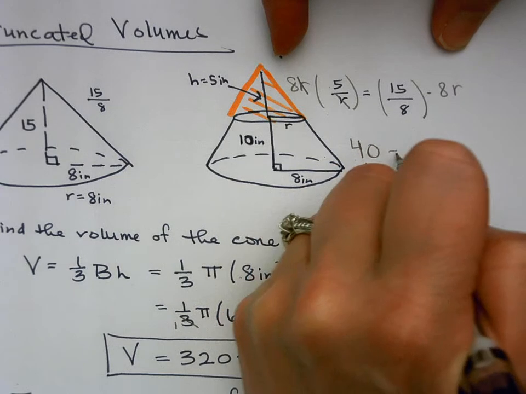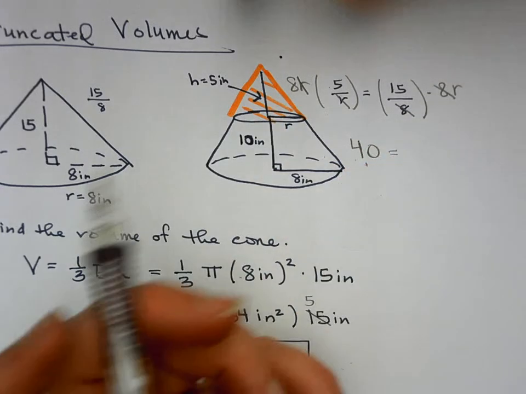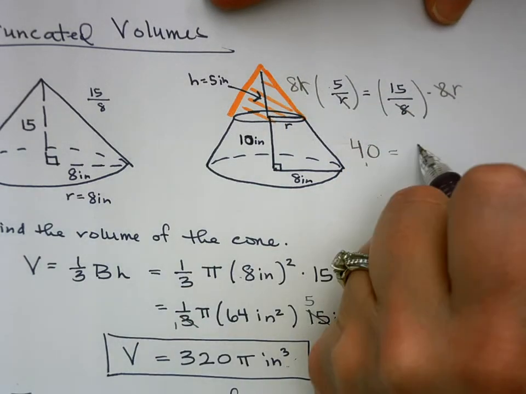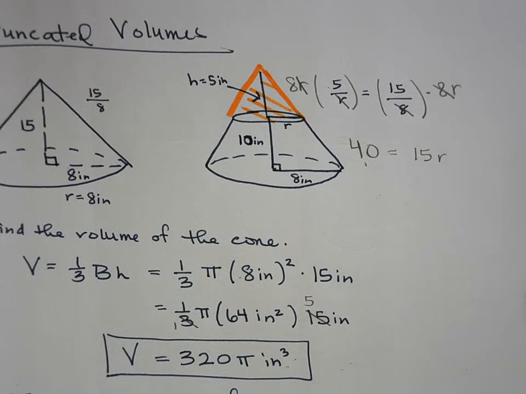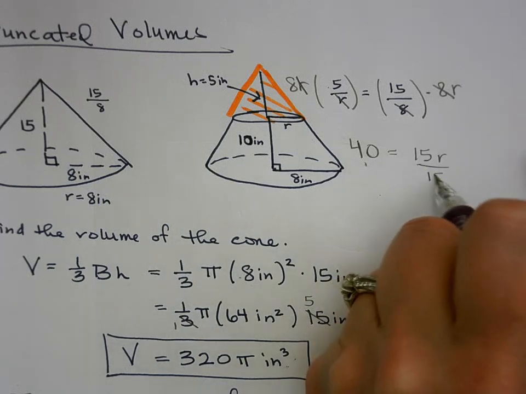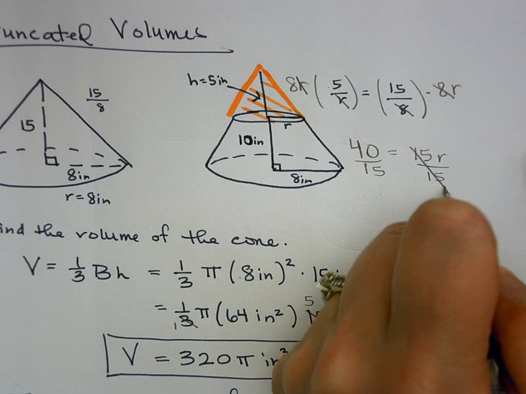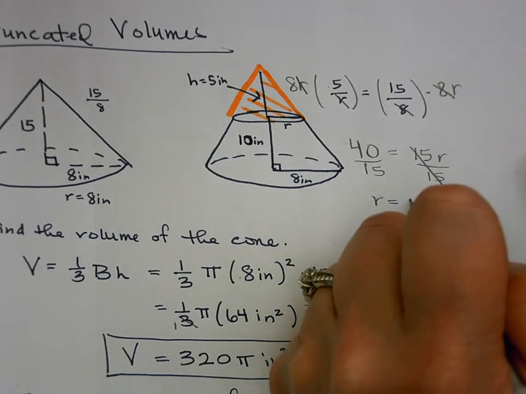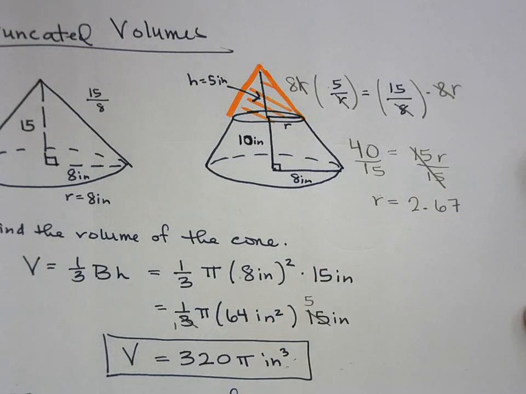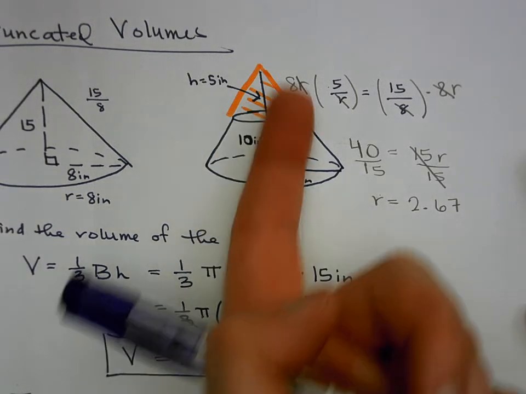The 8's cancel. And then 15 times R is 15R. And then divide both sides by 15. And then I'm going to make that a decimal. So that would be 2.67. Okay. So I now know the radius of the tip of the cone.